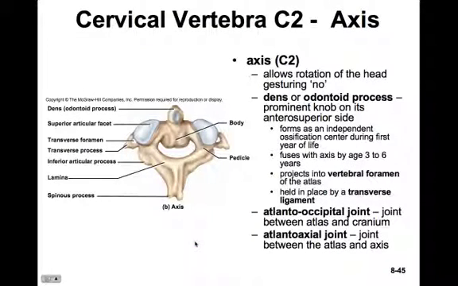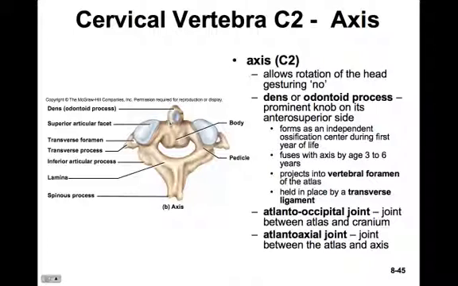So next down in the line is the axis, or C2. The axis allows for rotation of the head. So the combination of atlas and axis allows nodding between the occipital condyles of the skull and the atlas, and the no action by interaction of the atlas and the axis. The axis has an axis on it, the dens or odontoid process.